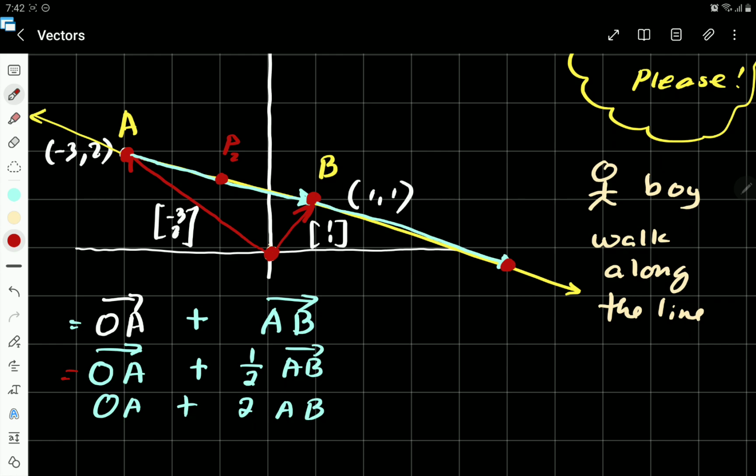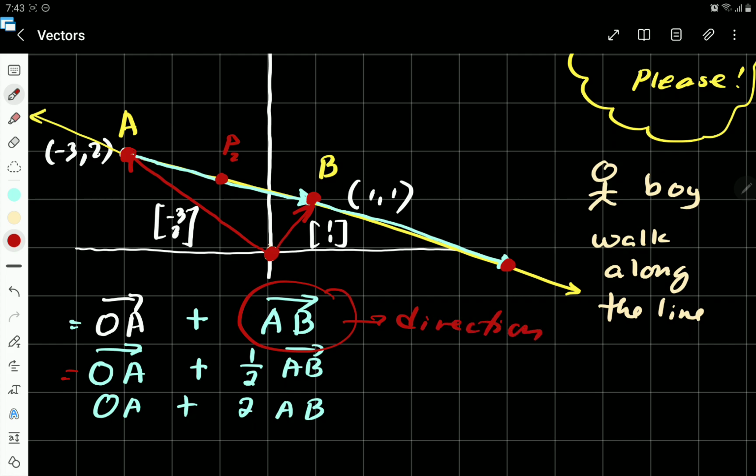Well, it doesn't look like it, but that's actually the concept. So there is a boy who wants to walk on the line. What he needs to do is to land first on this point A, and then from there he will follow a certain direction AB. This AB is the direction that he will walk through.